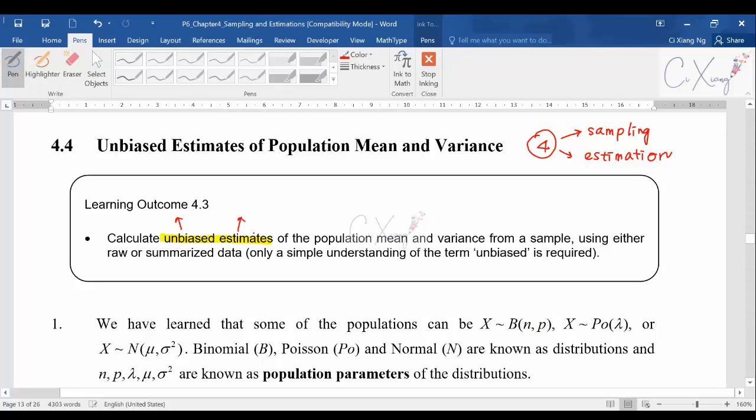Estimates means something that you just estimated, which is not accurate, but you use some value to estimate another value. So unbiased estimates means they want you to calculate the accurate estimate of a population mean and also the variance from a sample using either raw or summarized data. Only a simple understanding of the term unbiased is required.